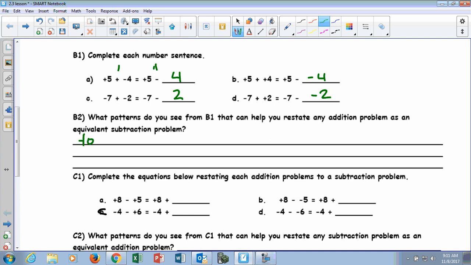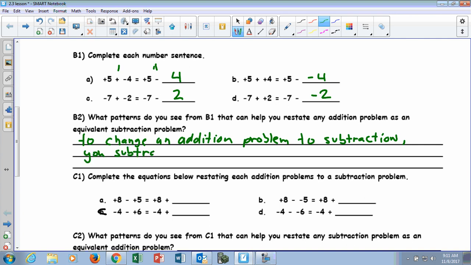So, to change an addition problem to subtraction, you subtract the opposite.